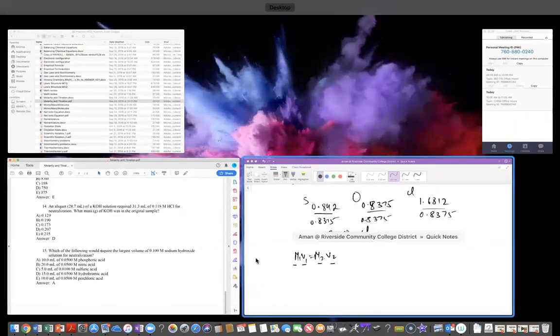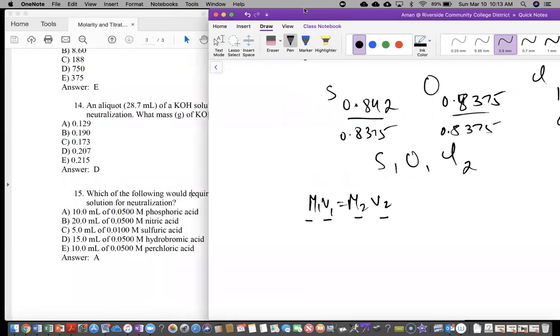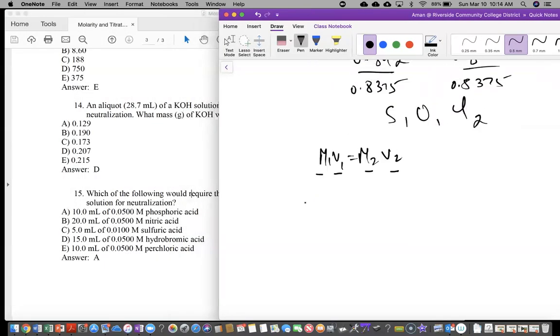So if we try to work on this, we have to do each one by one. You'll have to write the chemical equation. The first option in question number 15 on your molarity worksheet is 10 mLs of 0.5 molar phosphoric acid, H3PO4.